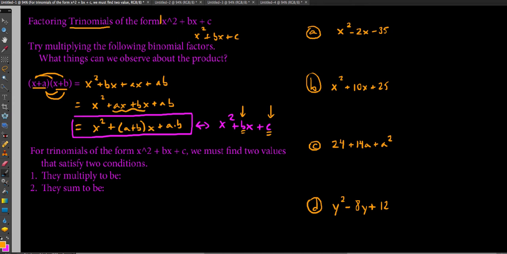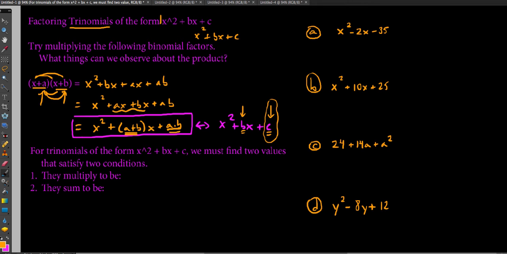And what I notice is, let's look at our b value first. Our b value is equal to the sum of a and b, or whatever these two numbers here are. In other words, we're trying to find a b value here, or a middle term, that is the sum of these two values over here. And then our constant term, what can we say is true about it? Well, it's the product of these two numbers that we see over here in these binomials.